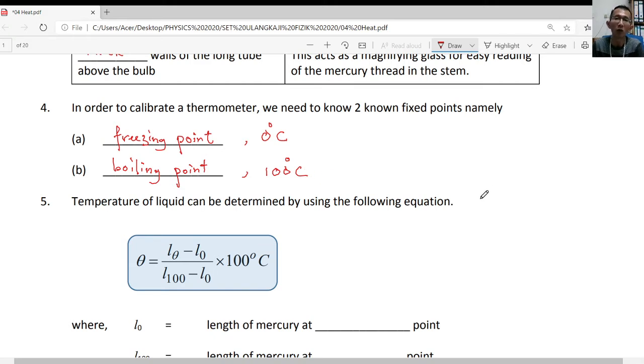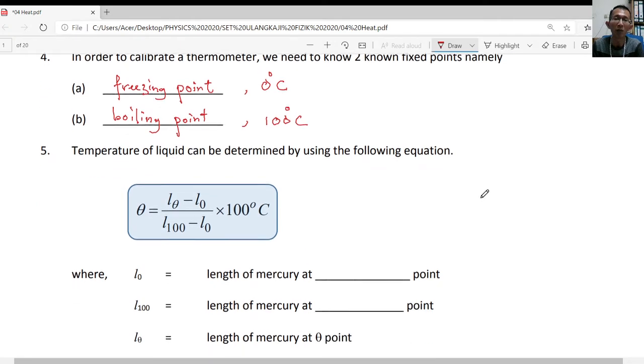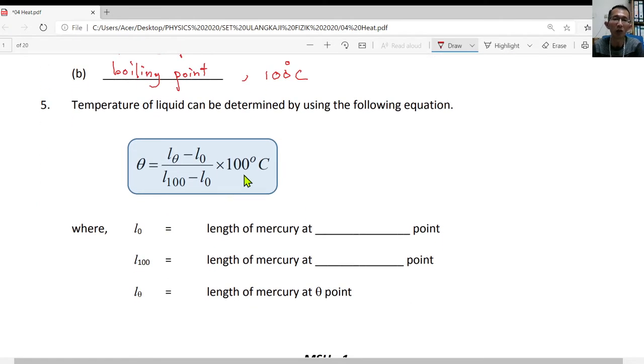Alright, the next one, number 5. The temperature of a liquid can be determined by using the following equation, which must be very familiar to you. Theta equals L theta minus L0, divided by L100 minus L0, multiplied by 100 degrees Celsius.